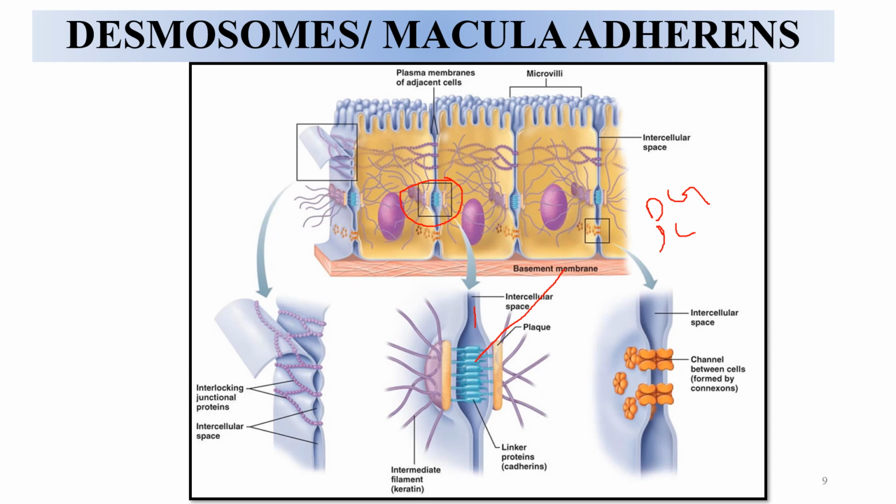Then you have an attachment plaque where the cytoplasmic adapter proteins are present. So the cytoplasmic adapter proteins of your desmosomes are the desmoplakin, and then you have the plakoglobin. Okay, desmoplakin and plakoglobin. These cytoplasmic adapter proteins help in joining these transmembrane proteins with the cytoskeletal component, that is your cytokeratin.